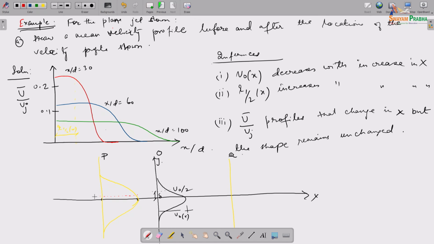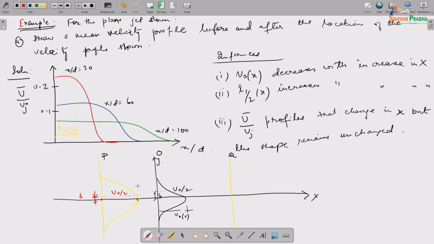So this is my r half delta, and here we have the centerline velocity, so 1/2 of the centerline velocity, right.